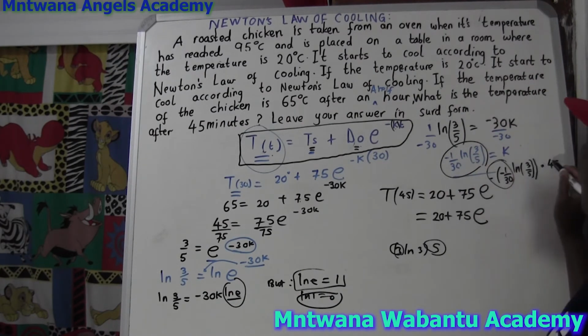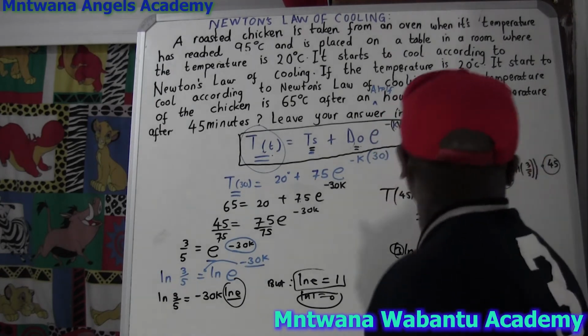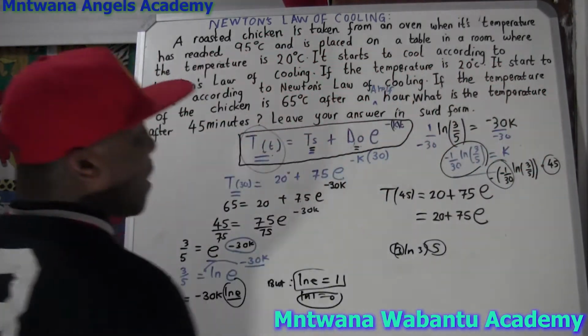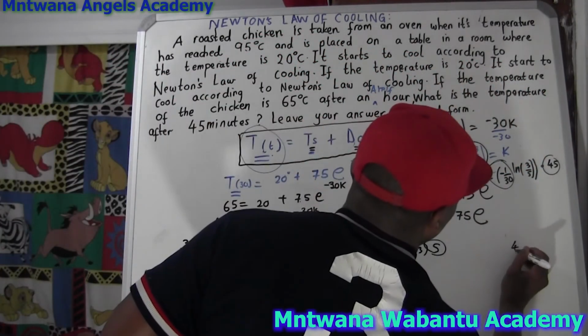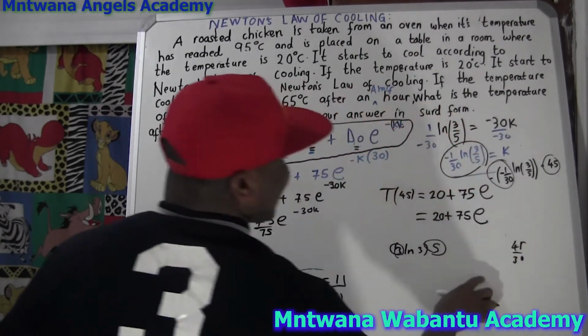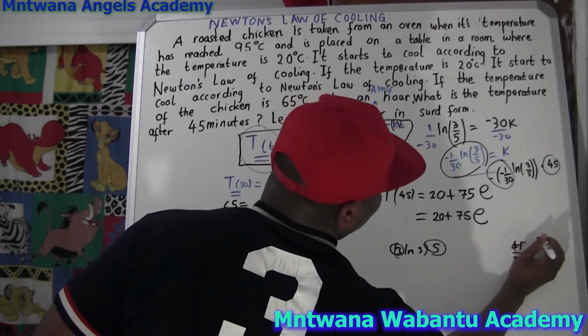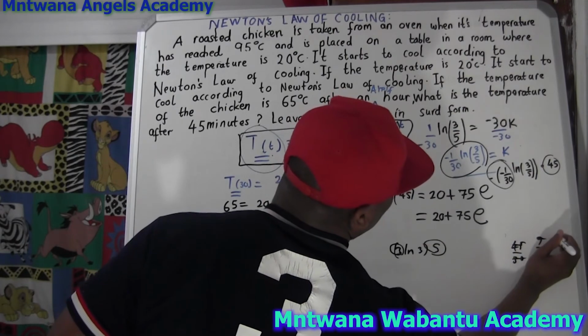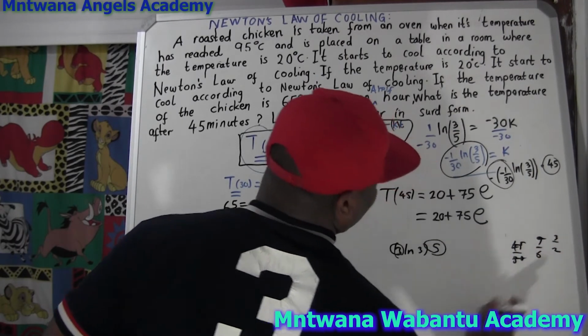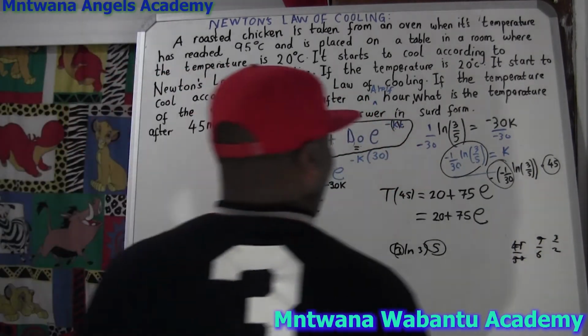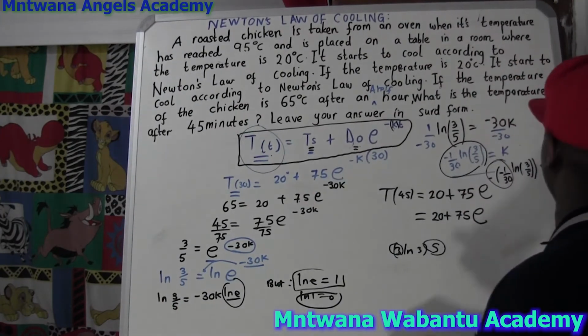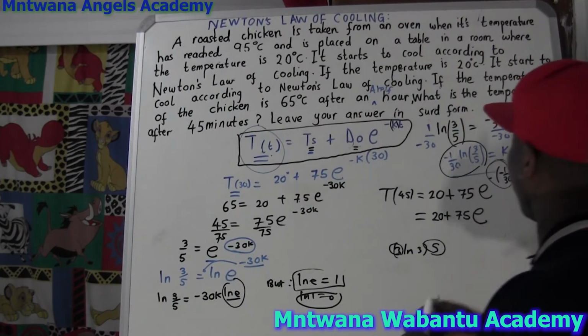Positive 1 over 30 times 45. So 1 over 30 times 45 is going to give me 3 over 2. Okay, 3 over 2.